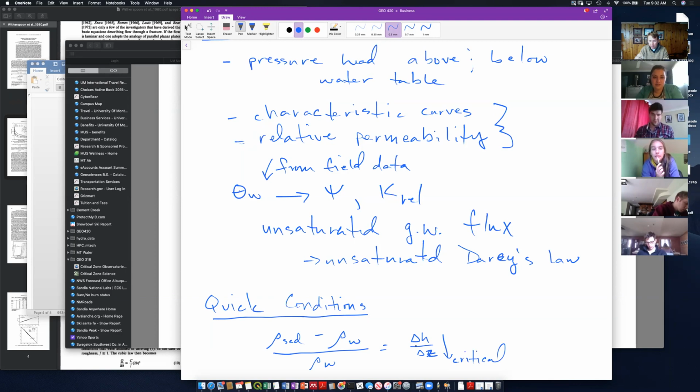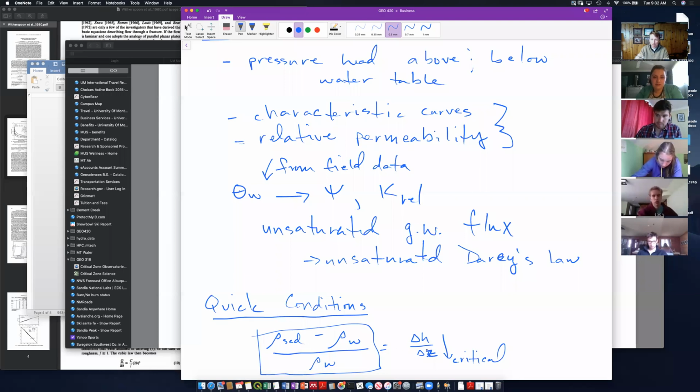So if my vertical gradient in head is greater than this ratio, then I will be able to float my sediment and I have quick conditions.